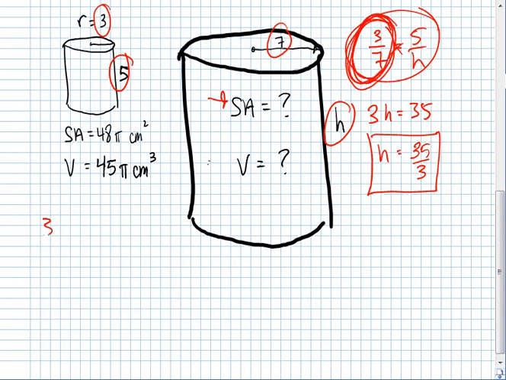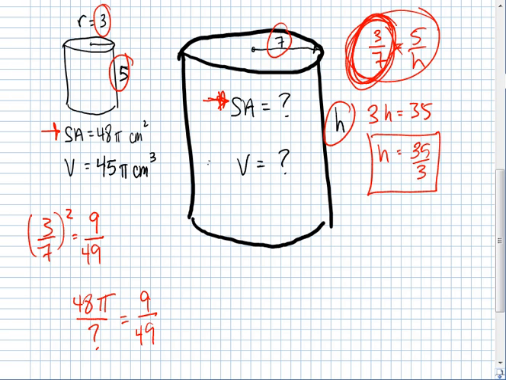So I'm going to go 3 over 7 squared. That's going to be 9 over 49. Okay, so that's the ratio from the surface area of the small cylinder to the surface area of the larger cylinder. So 48 pi over something is equal to 9 over 49.